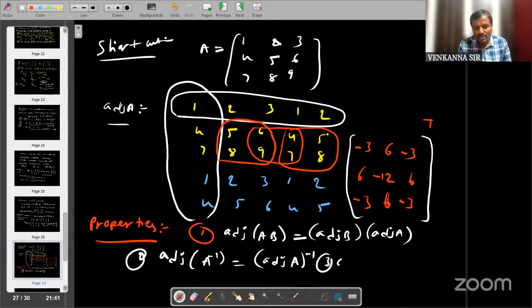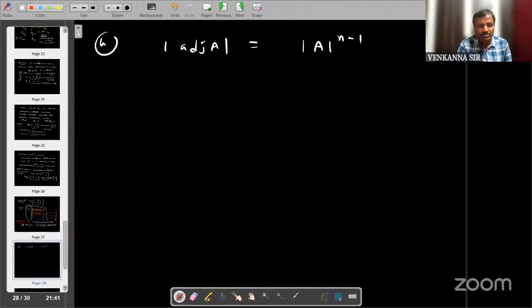Third property, adjoint of A transpose is adjoint A whole transpose. Fourth property, determinant of adjoint A. This is very, very important. So many GATE questions. Determinant of adjoint A is determinant of A to the power of n minus 1.